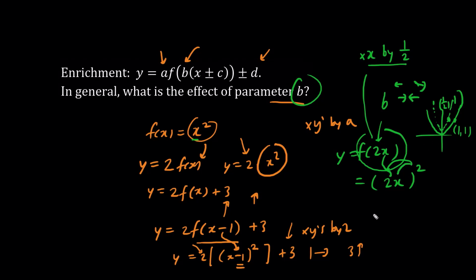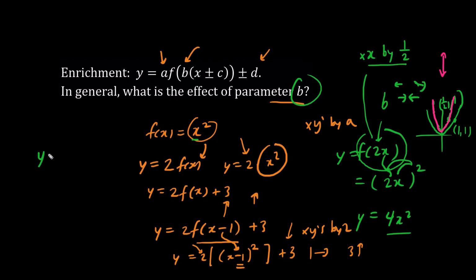By using exponent laws, we have 2 squared is 4 and x squared. So when we say y equals 4x squared, we get an equivalent graph that looks like this. The exact same graph. Thinking vertically, a vertical stretch of 4 has the exact same visual effect as a horizontal compression by a factor of 1/2.